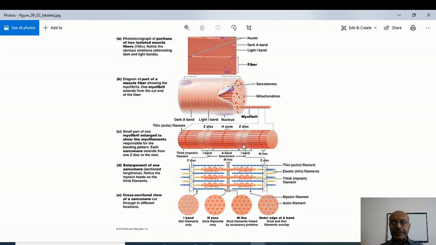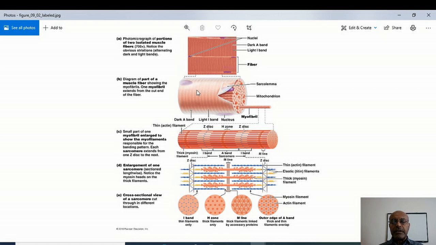Look at a myofibril. Do you notice that the myofibril consists of a bunch of thick lines and thin lines here? So this lighter part alternating with this darker part is what causes the striped appearance of skeletal muscle cell.